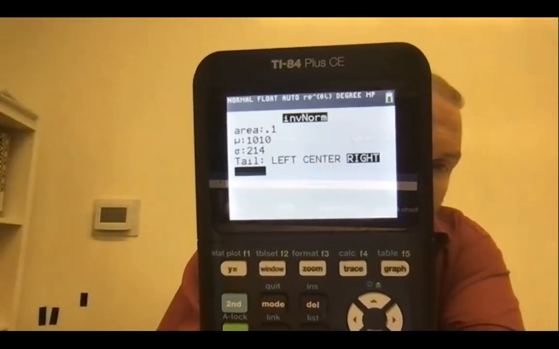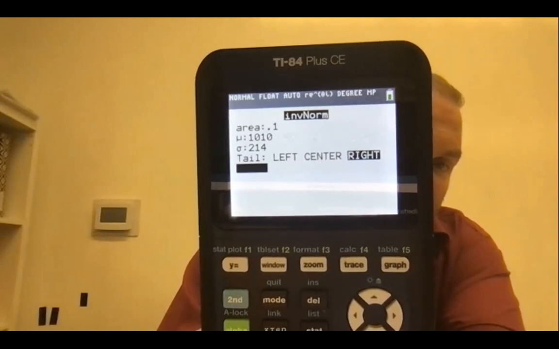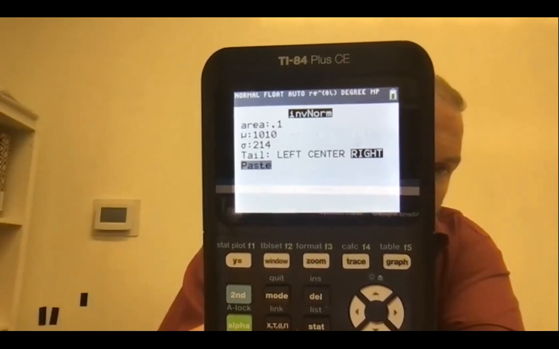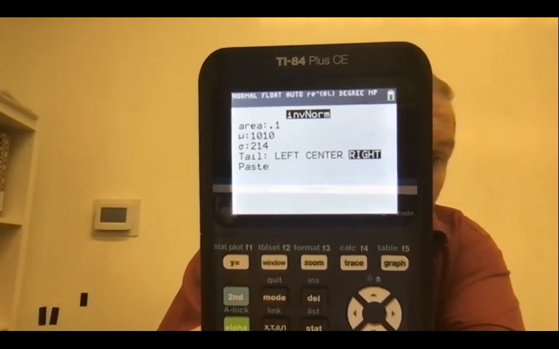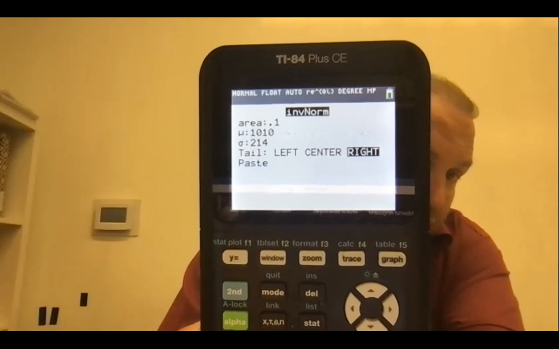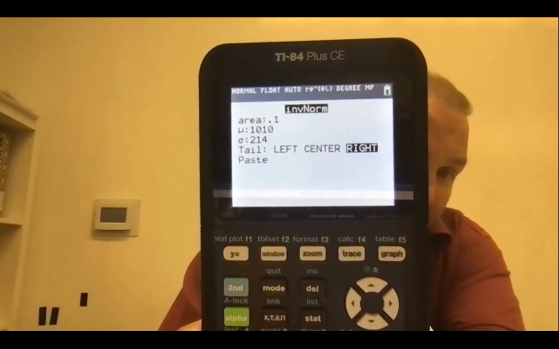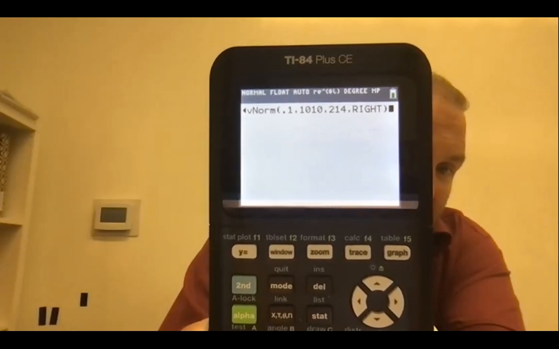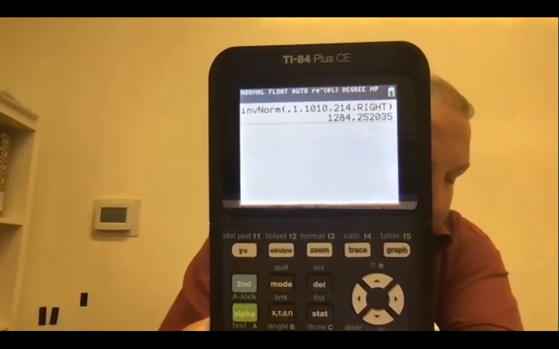Now, if you don't have a calculator that gives you these options, it probably only allows you to the left. Which means what area would you want to put in if you can only do to the left? 0.9. 0.9, but I can do it to the right. So when I do it, I get this, and then I hit enter, and what do I get?